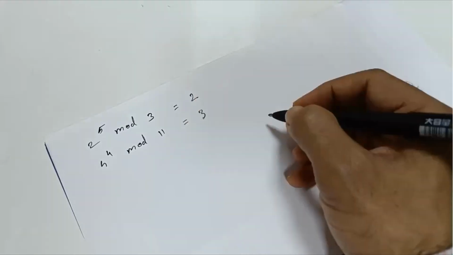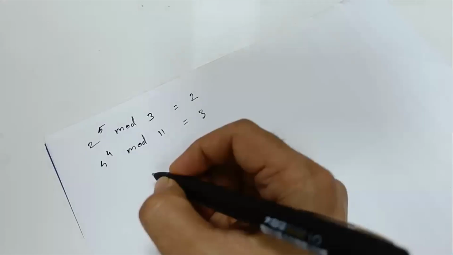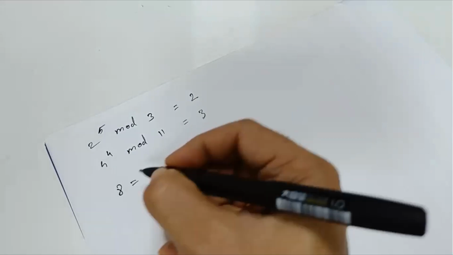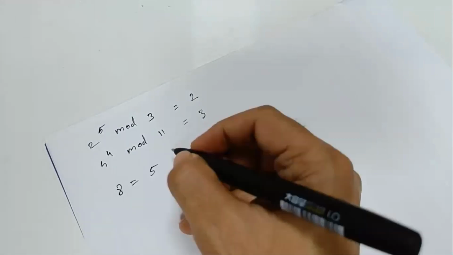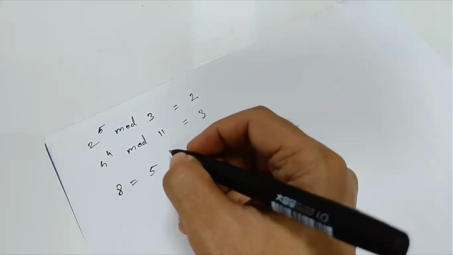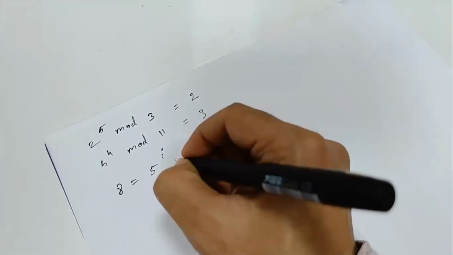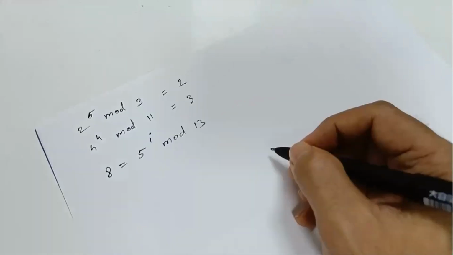But if I ask you in the discrete log format, let's say I give you the expression 8 is equal to 5 raised to I mod 13, how will you do the calculation?